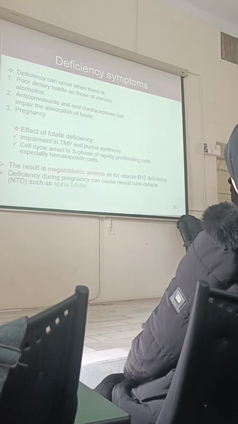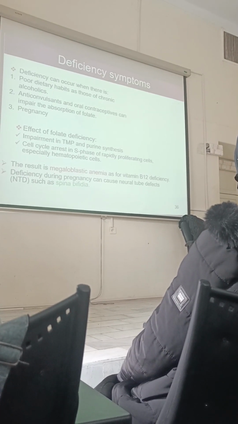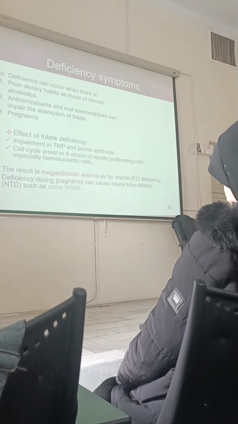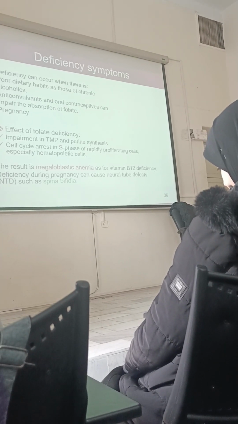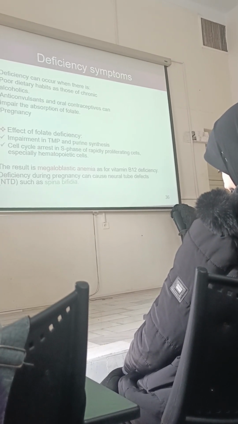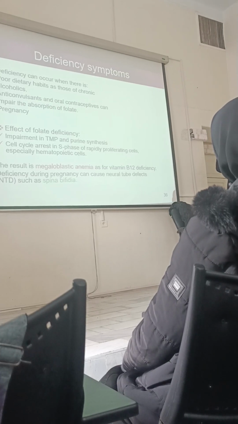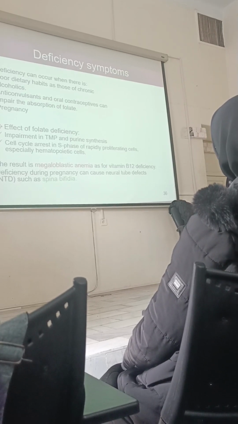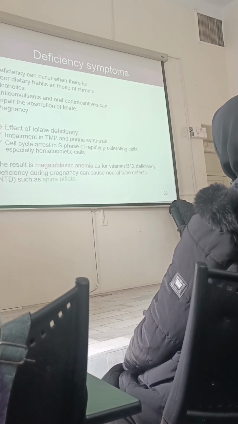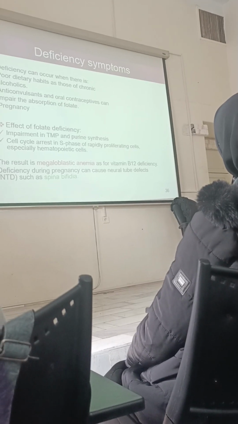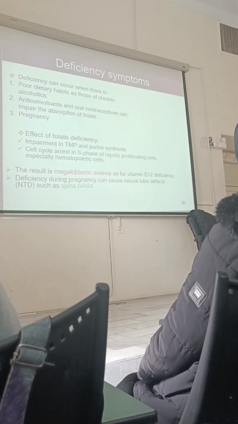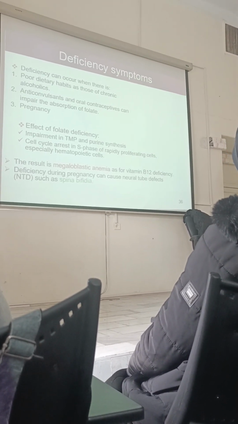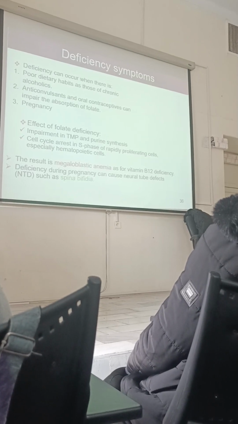In this slide, just remember that we have different types of anemia. Okay, pernicious anemia, megaloblastic anemia, hemolytic anemia. One by one. Megaloblastic anemia, please pay attention, vitamin B9 and B12. Pernicious anemia, vitamin B12.